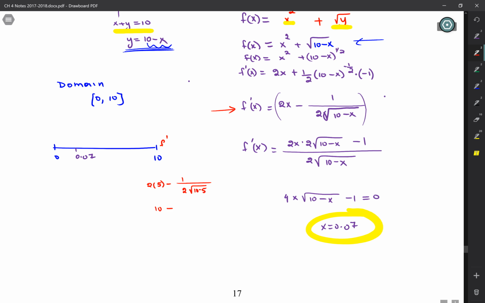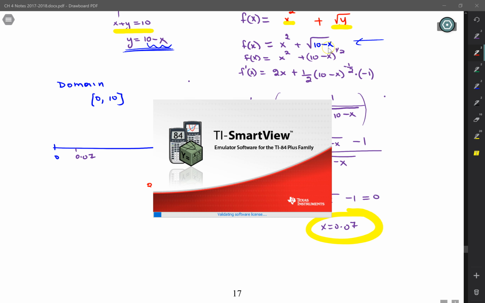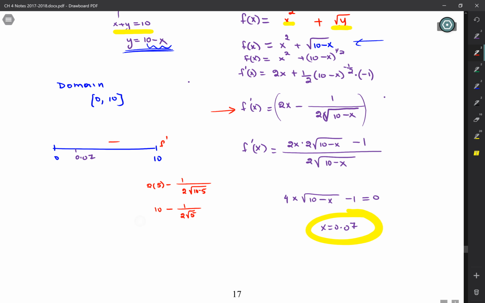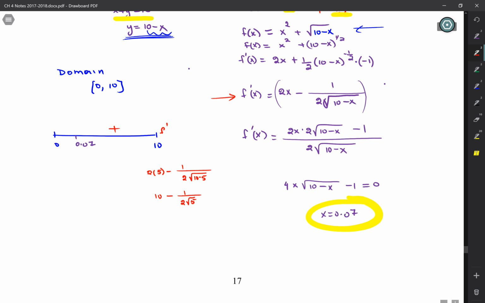So that's 10 minus 1 over 2 root 5. Okay? How much is that? It's positive, right? You guys we're good that it's positive? You don't need to know the actual value.